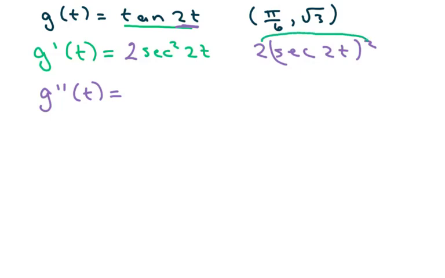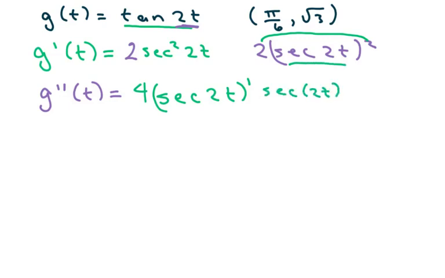So you multiply those two and you get 4 times your inner function to the first power times the derivative of your inner function. The derivative of your inner function is secant of 2t times tan of 2t.